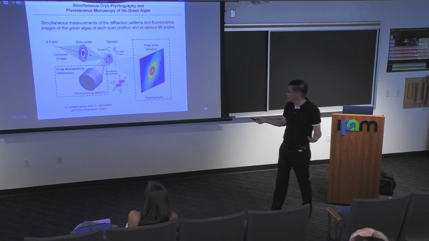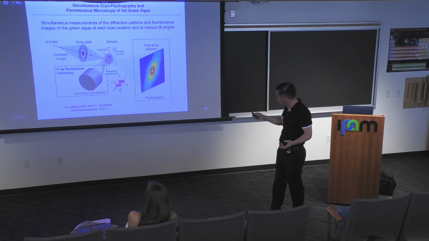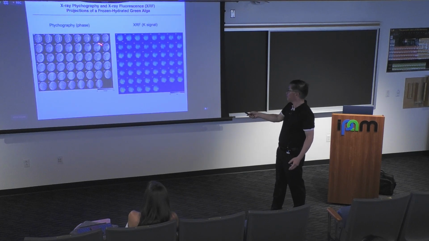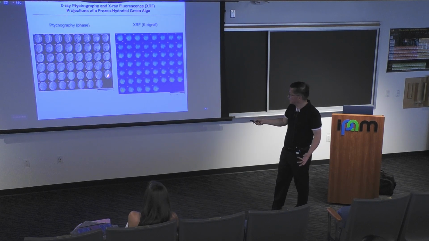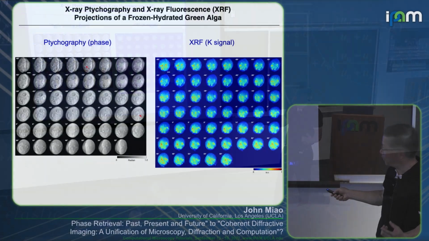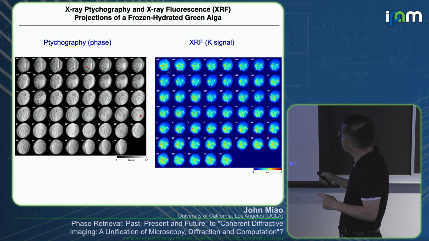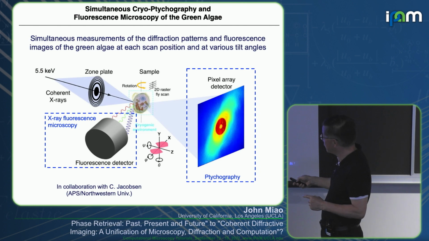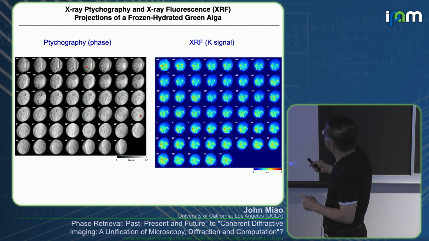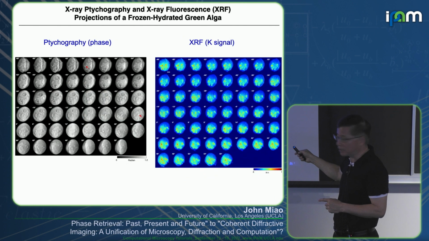This is completely different from a biological cell. But this is the ptychography reconstruction at different angles. This is phase information, okay? And simultaneously we measure the fluorescence of the different elements. And here is a potassium signal.